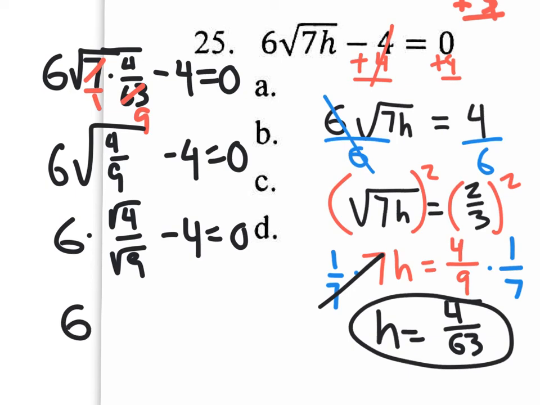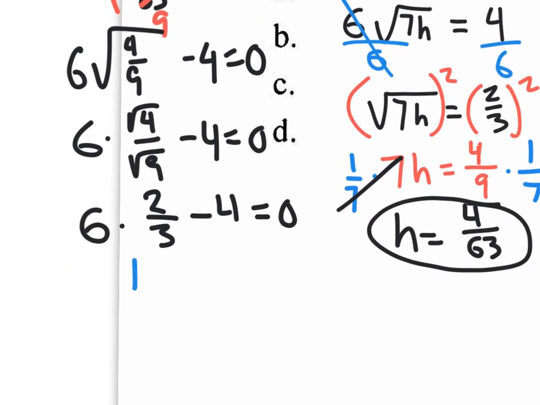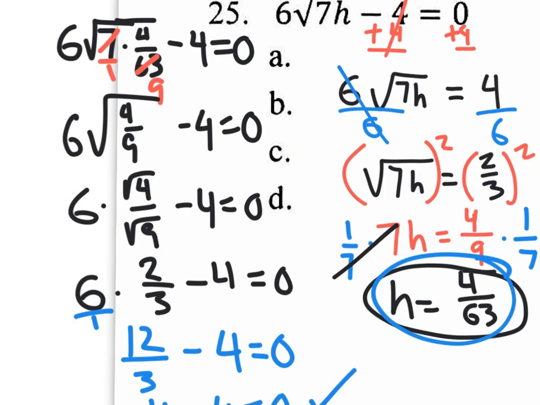So you're going to have 6 times 2 over 3 minus 4 equals 0. And 6 times 2/3, if you multiply 6 times 2, that's 12, and 1 times 3, that's 3. 12 over 3 minus 4, does it equal 0? Yes, 4 minus 4 equals 0. So you're absolutely positive that the correct answer is 4 over 63.